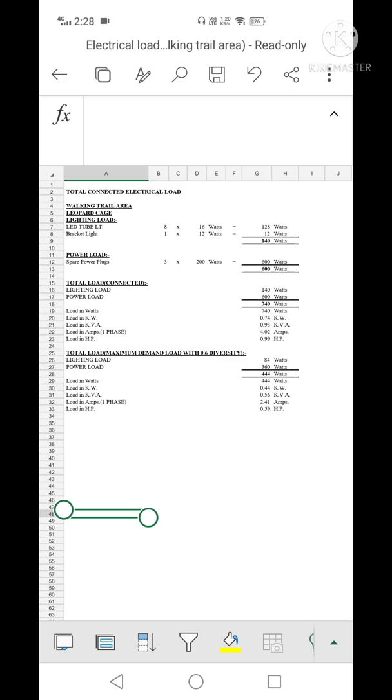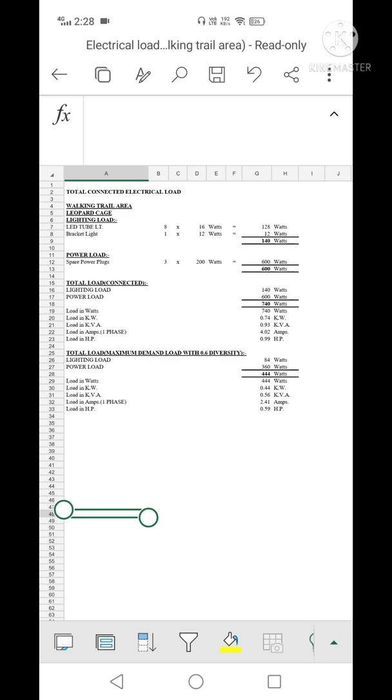Then if we multiply all these, we get 128 and 12 watt. After that, the total wattage is 140. Then we come to the power load. Suppose we have 3 sockets, and each socket wattage we consider as per the standard is 200 watts each, so it's a total of 600 watts.